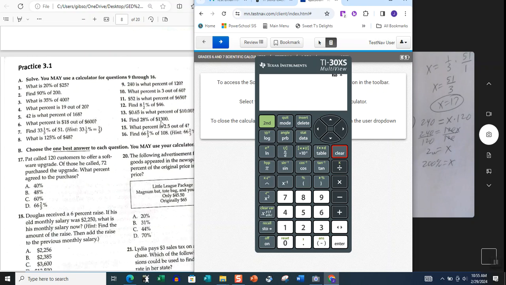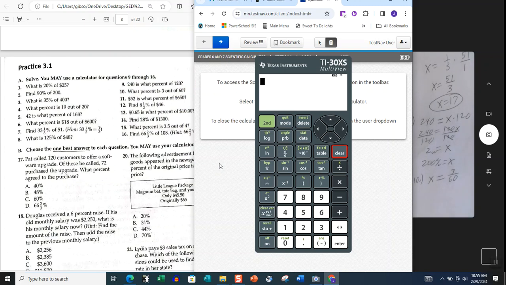Okay, now 10. It says, what percent is 3 out of 60? So what percent is x? Is equal. 3 out of 60, that's a fraction. That'll be 3 over 60, because that's 3 out of 60.